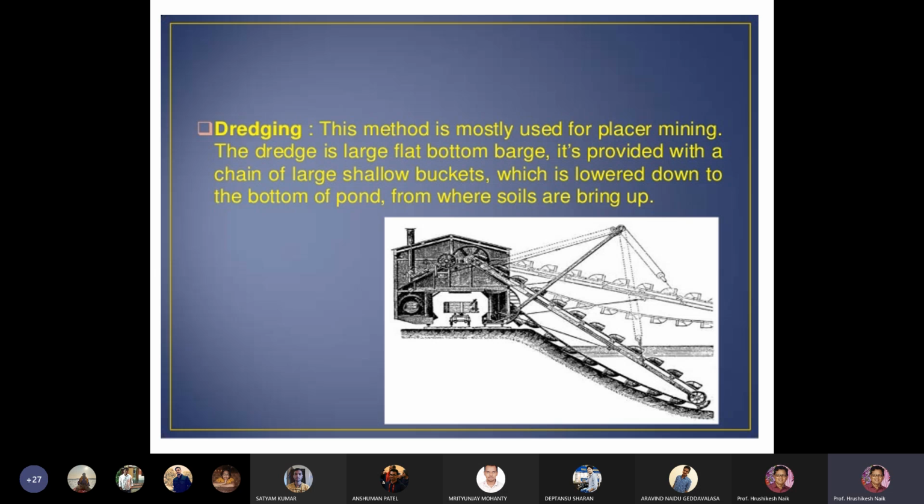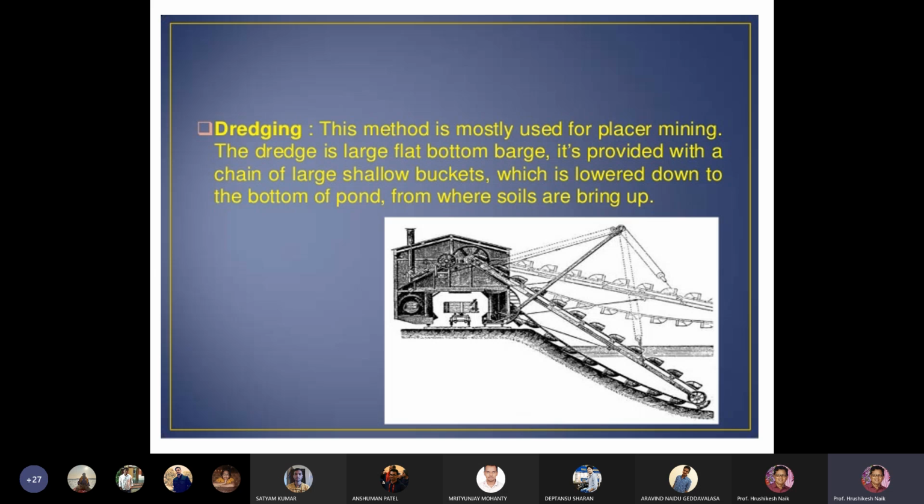This method is mostly used for placer deposits. The dredge is a large, flat bottom barge. It is provided with a chain of large shallow pockets, which is lowered down to the bottom of the pond, from where soils are brought up to the surface.